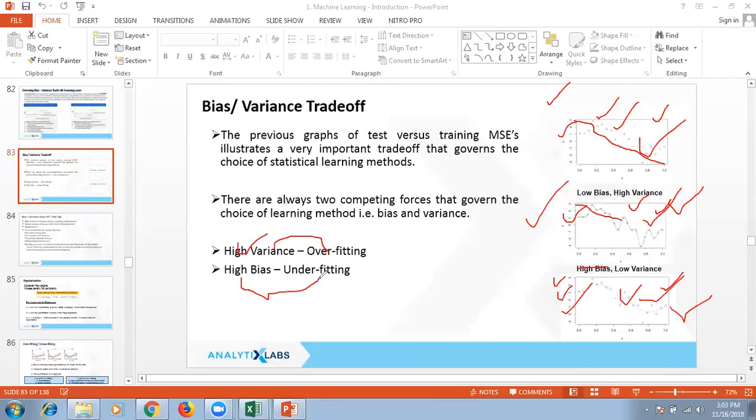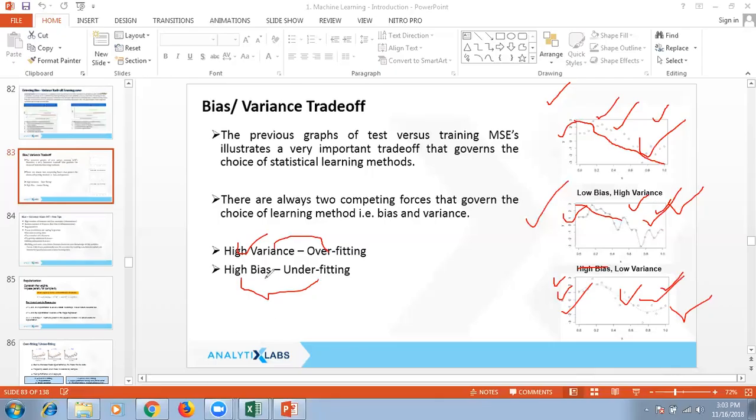So what is our objective? Our objective is to manage the overfitting problem as well as the underfitting problem. That means you should get a model with low bias and low variance. But that may not be possible. That's the place where, by increasing the bias a little bit, you should be able to decrease the error. What I'm trying to say is, at the end of the day, I try to take the trade-off between bias and variance.